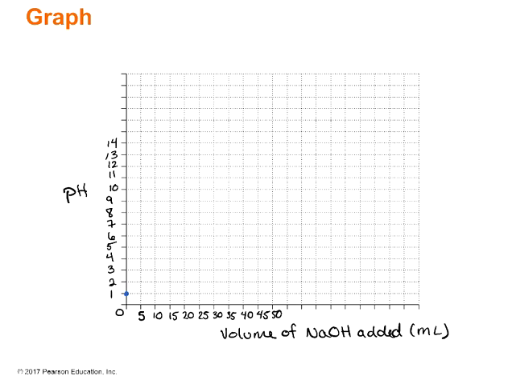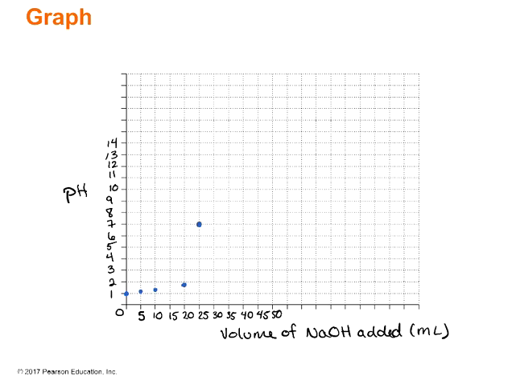And then after we added 5 milliliters of the NaOH solution, the pH was 1.18, so maybe just a little bit above that. And then after 10 milliliters were added, the pH was 1.37. And then after 15 milliliters, oh wait, we didn't do 15, we did 20. So after 20 milliliters, we had a pH of 1.95. And then at 25 milliliters, we had a pH of 7. Okay, so that's going to be right here.